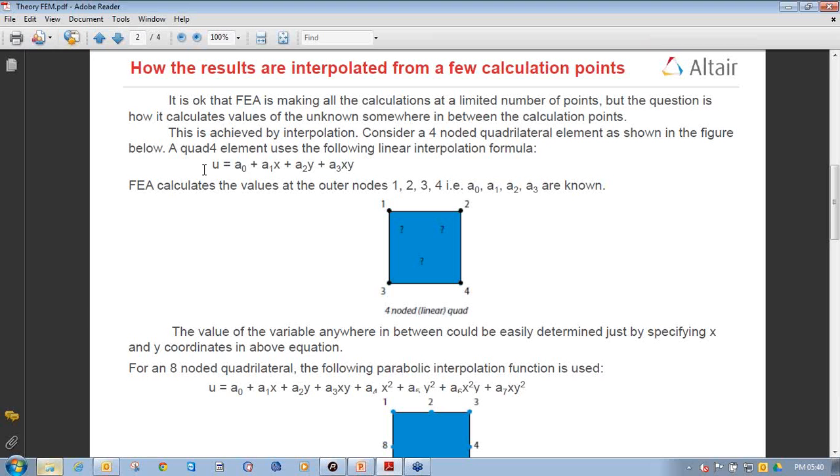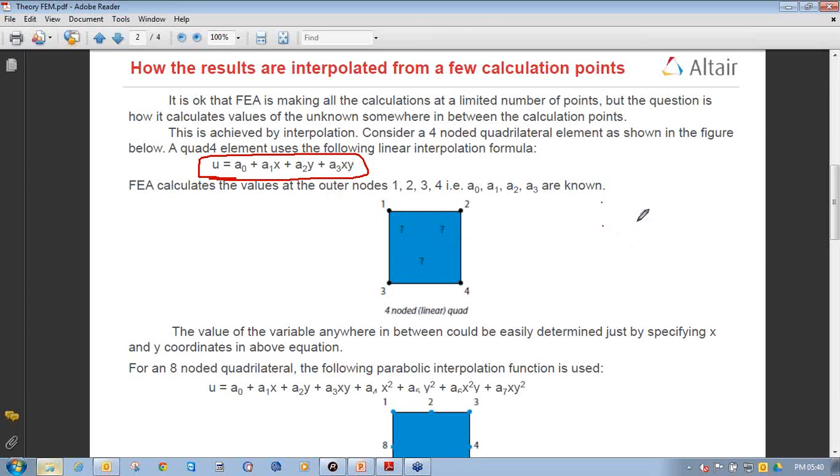Consider a 4-noded quadrilateral element as shown in the figure below. As you can see here, a quad 4 element uses the following linear interpolation function. So for each element we have defined an interpolation function, and software uses that interpolation function for different types of shapes of the elements.